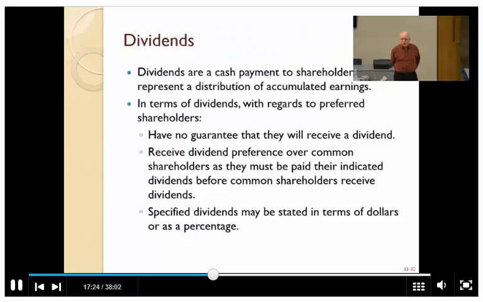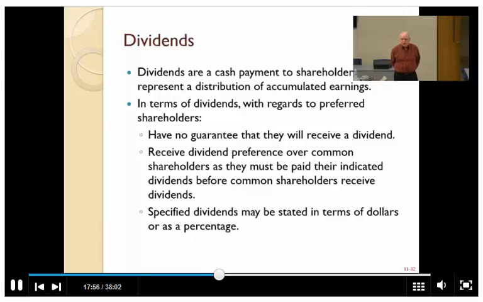Now, a dividend is a distribution of cash back to the shareholders, okay? And again, if a dividend is declared, the preferred stockholder would get their dividend first, and then the common stockholders would get their dividend.